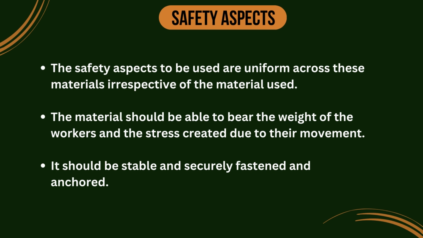First of all, the material should be able to bear the weight of the workers and the stress created due to their movement. Then it should be stable, because if the scaffold itself is not stable, then certainly some accident is going to occur. Second thing is that it should be securely fastened and anchored.